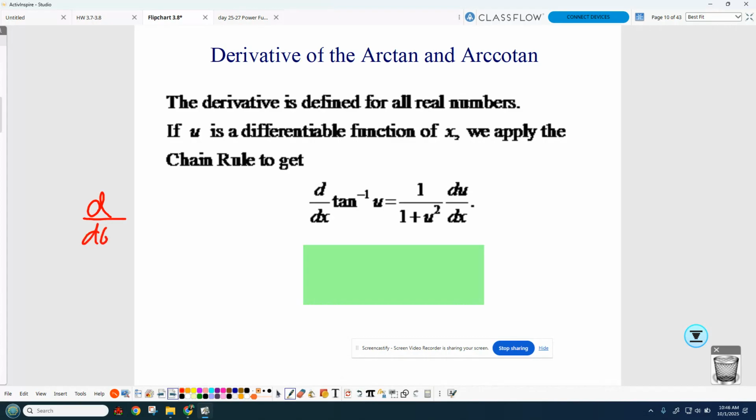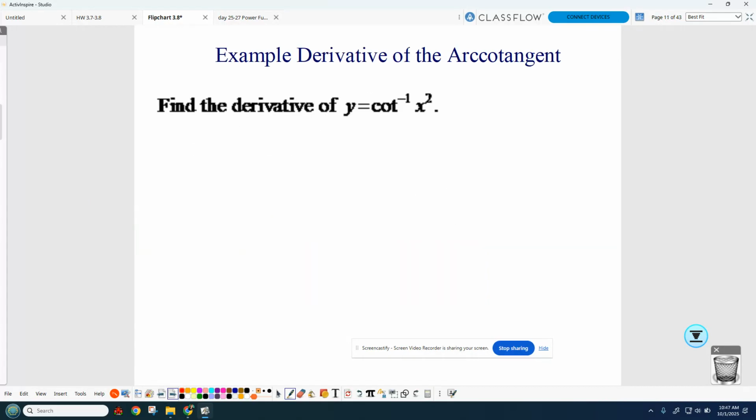Okay, anyone got a guess what the derivative of cotangent inverse might be? Negative that stuff. So I'll try and apply a pattern.